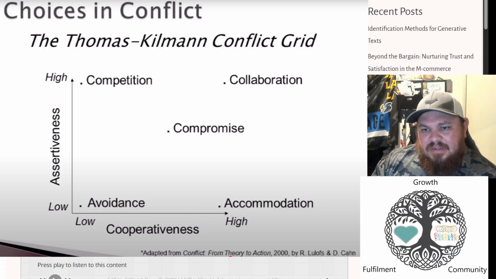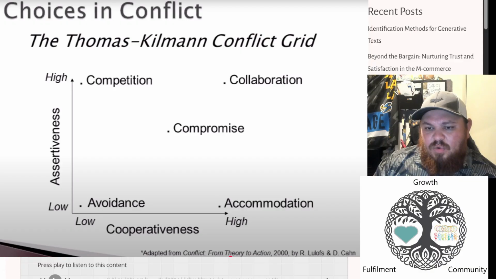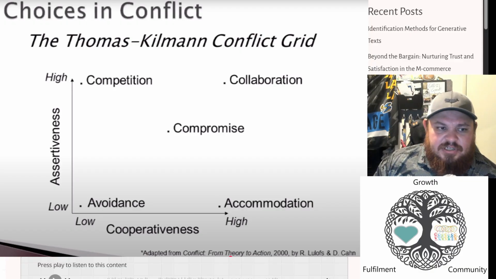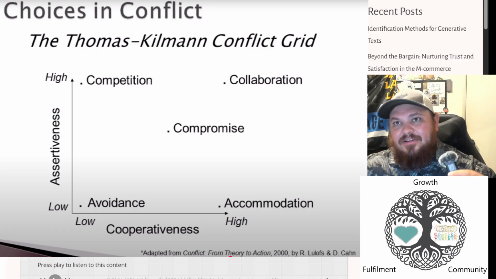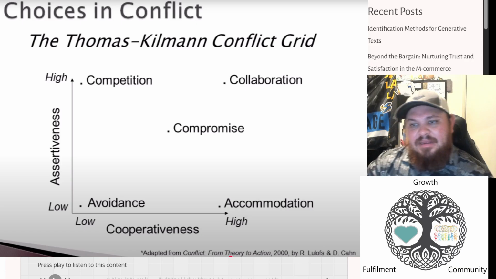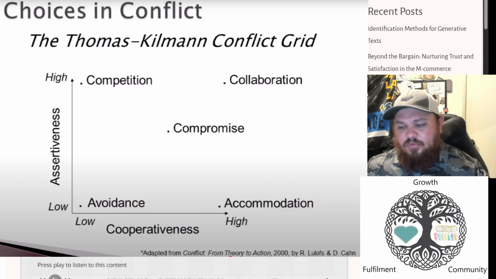Moving on to collaboration, which is going to be high on assertiveness and also high in cooperativeness. Collaboration is something where two parties are coming together to make something happen, and I would say something like cross-departmental strategic planning, where both teams have something that they want.